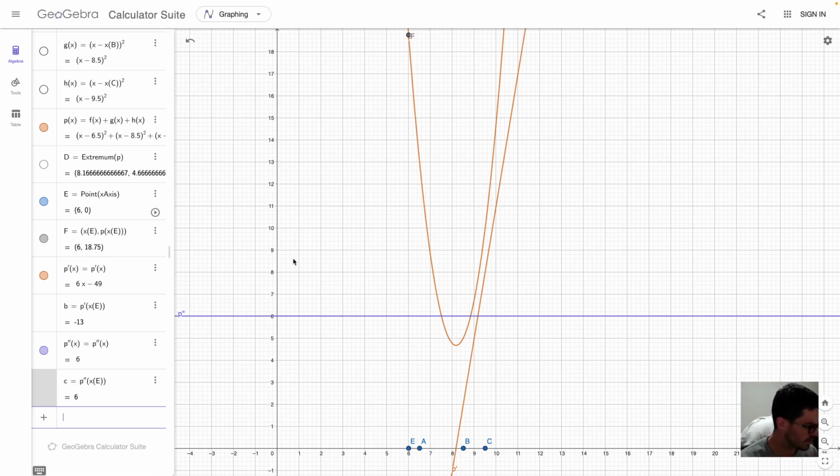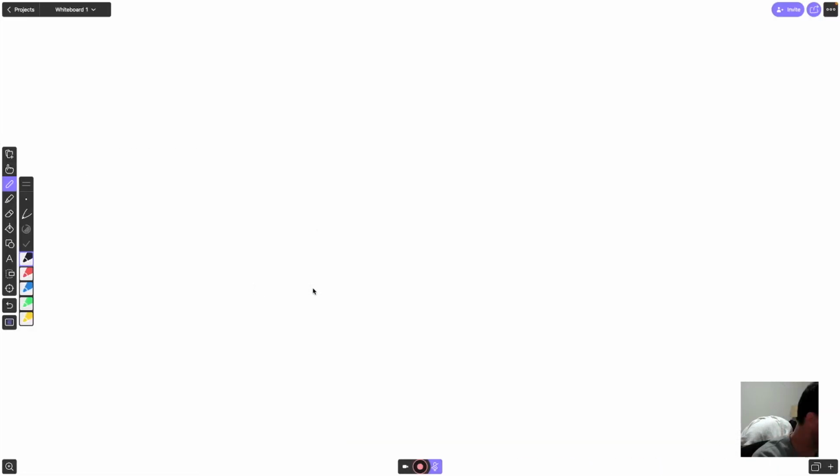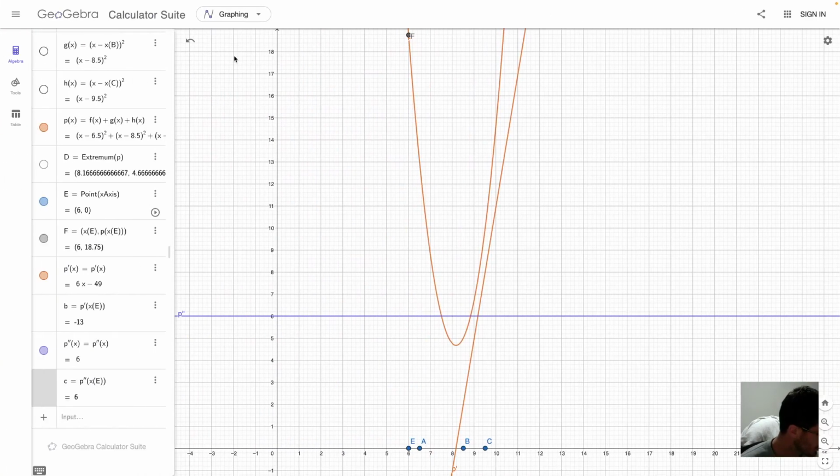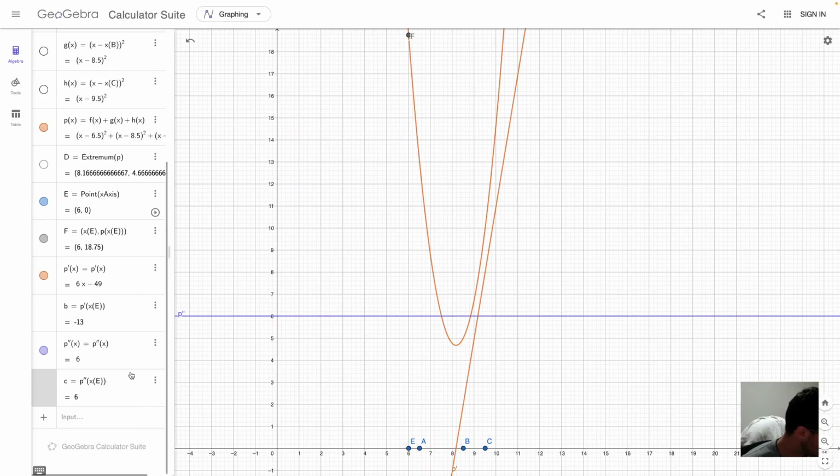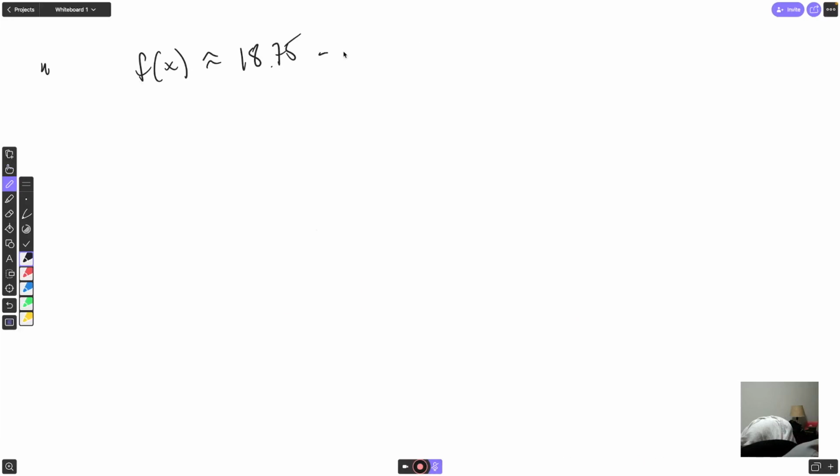Now what we're going to do is use a Taylor approximation of the function using our derivatives. So what we'll say is f of x is approximately equal to our y value, 18.75, plus the derivative, which is negative 13, so minus 13 times x minus e.